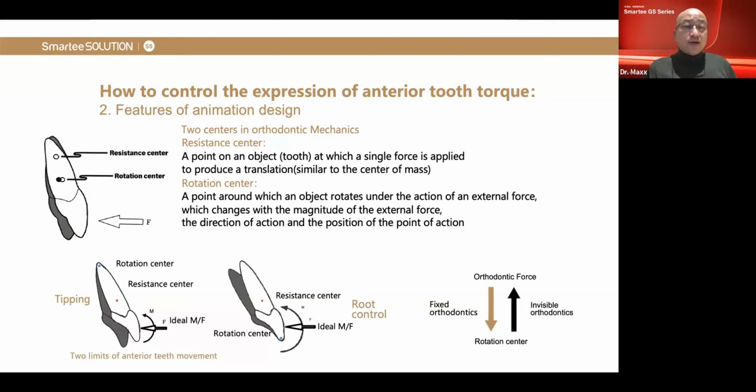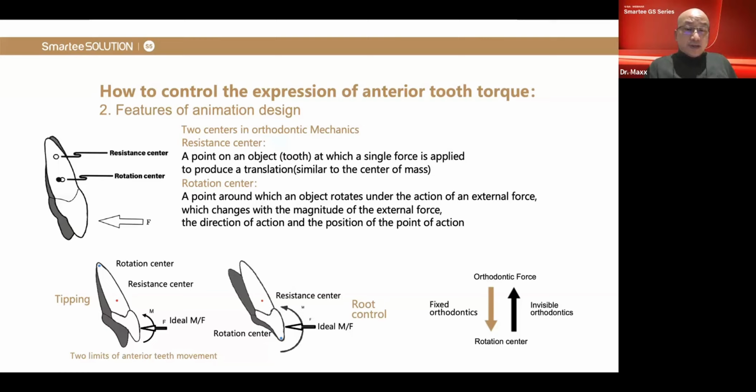So we know that the rotation center differs with the magnitude, the direction and the position. So it's quite a complicated effect. And in aligners and braces, they are quite different expressions.